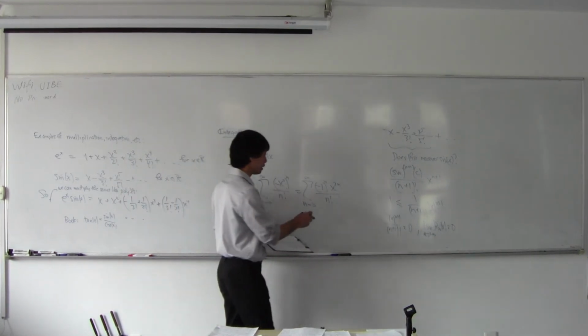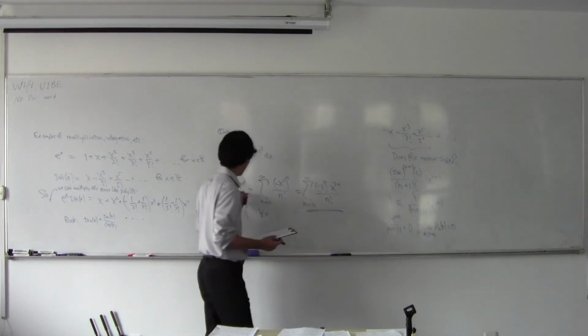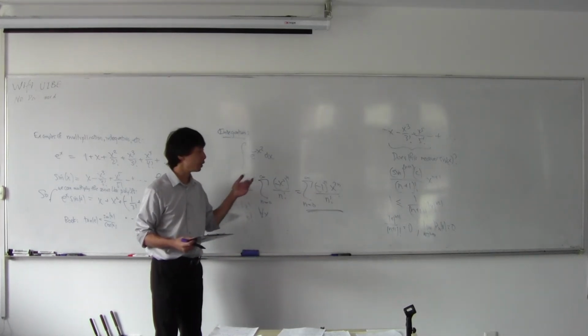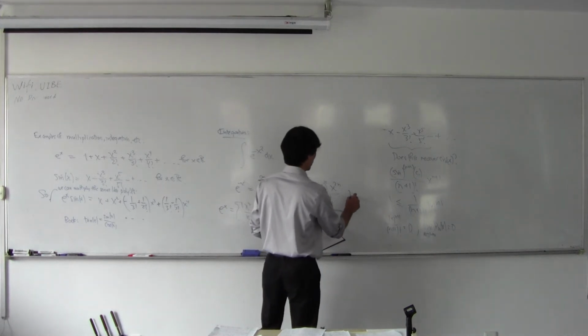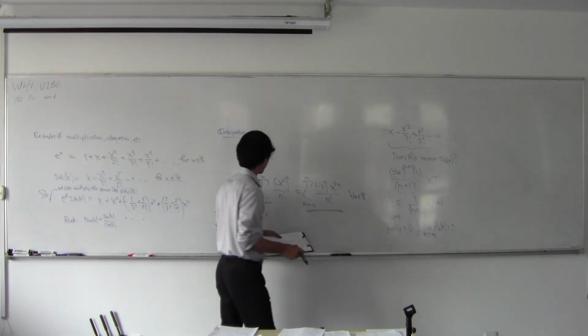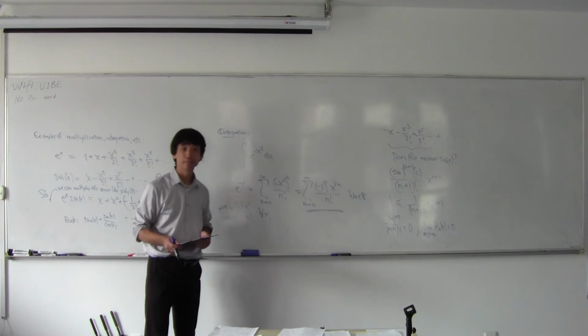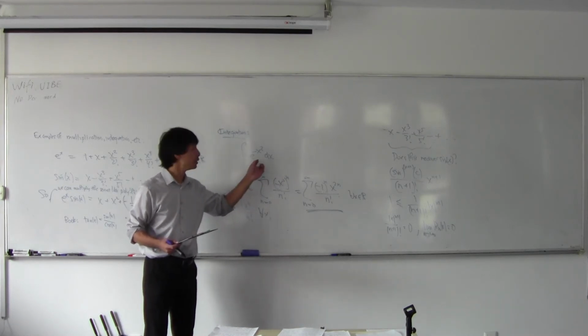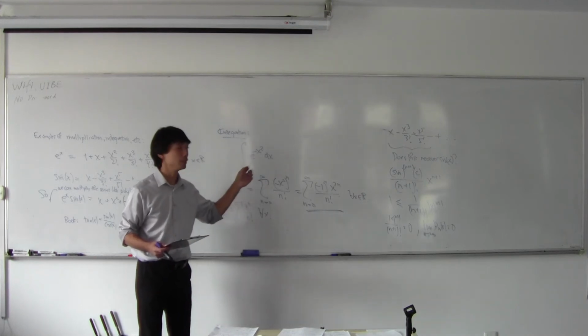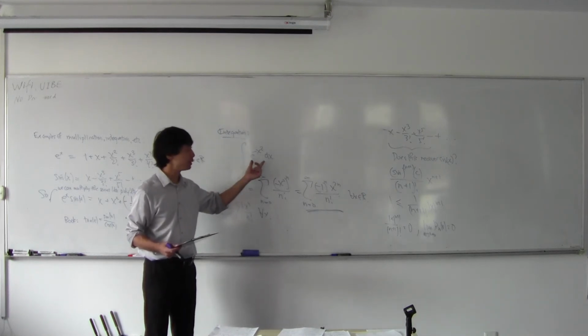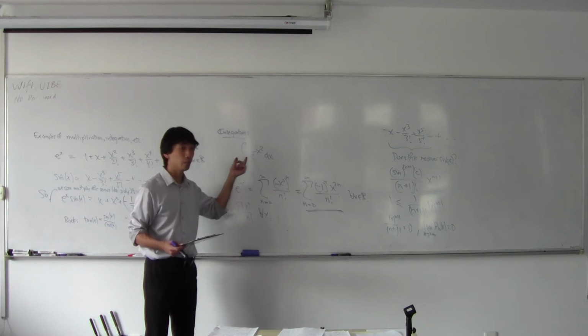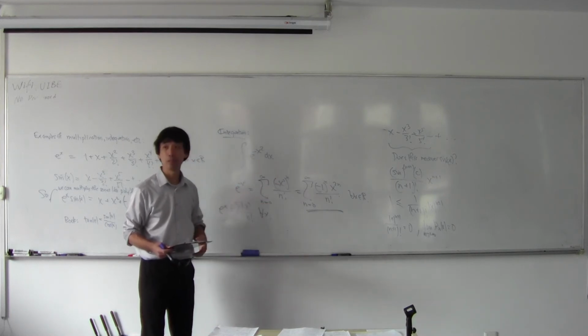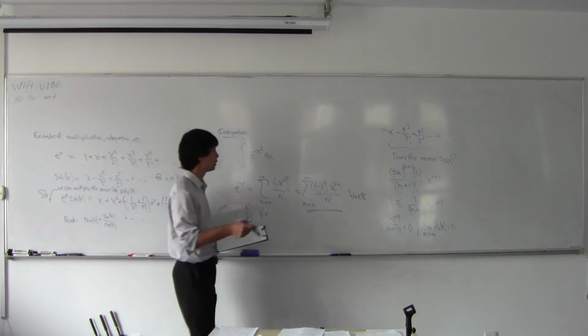Okay, so we have this power series expansion of e to the negative x squared that works for all x in R. Now at this point we use the integration theorem that said that integrating a power series means just taking the sum of the integrals of each term. That you can do term-wise integration.